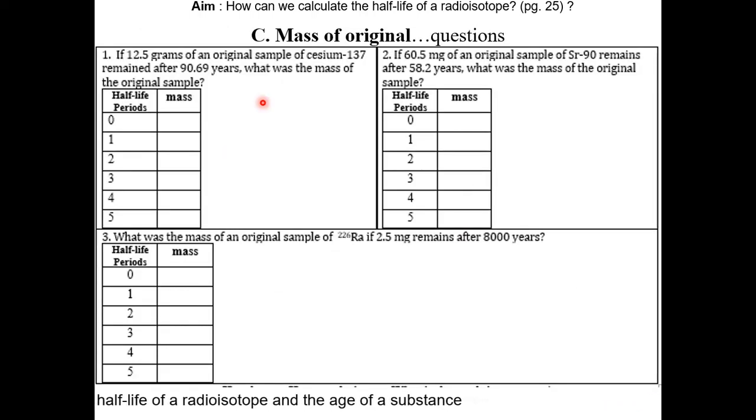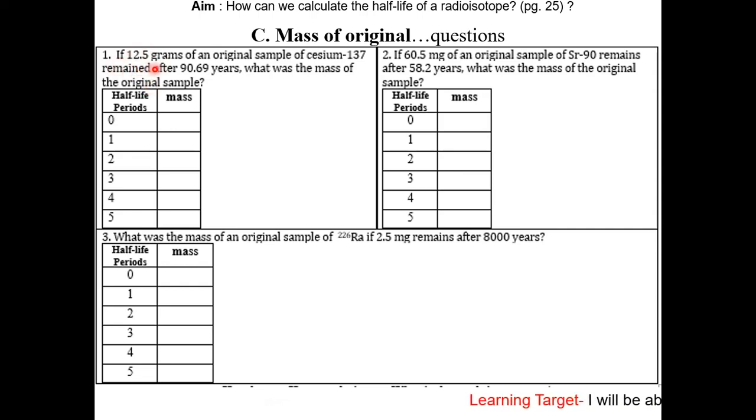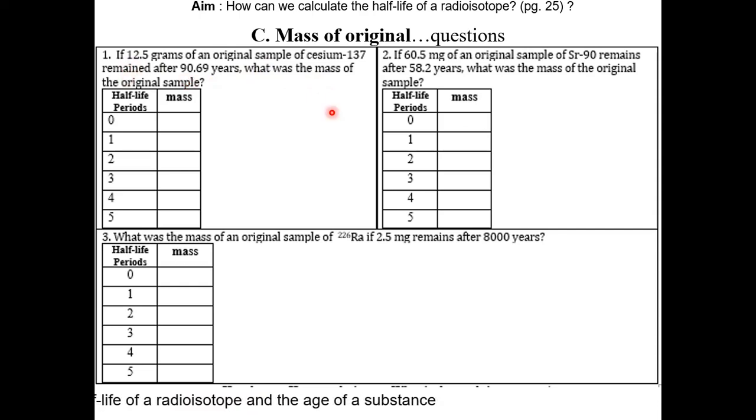Scenario C involves calculating the mass of the original radioisotope before it decayed. Let's look at question 1. If 12.5 grams of a sample of cesium-137 remains after 90.69 years, what is the mass of the original sample? The first step is to look up the half-life of cesium-137, which is 30.2 years.